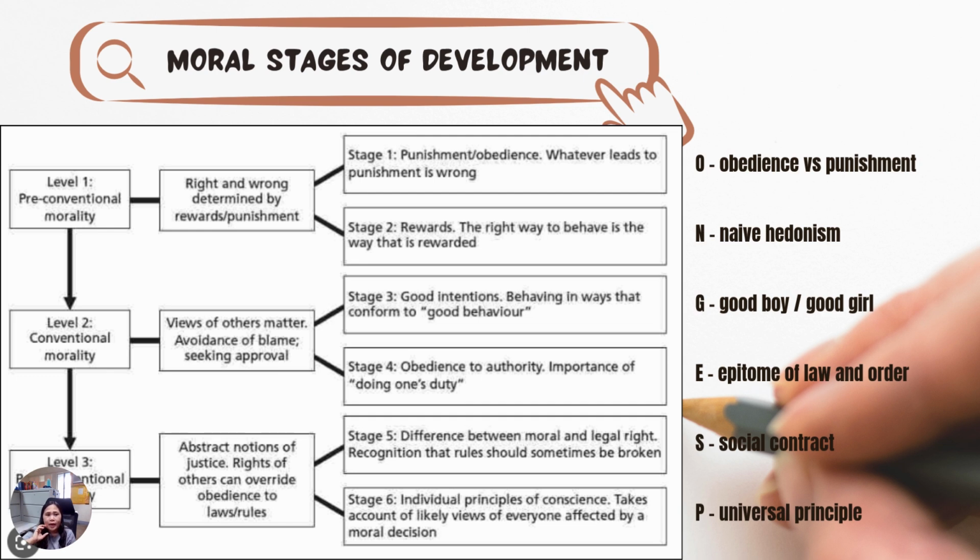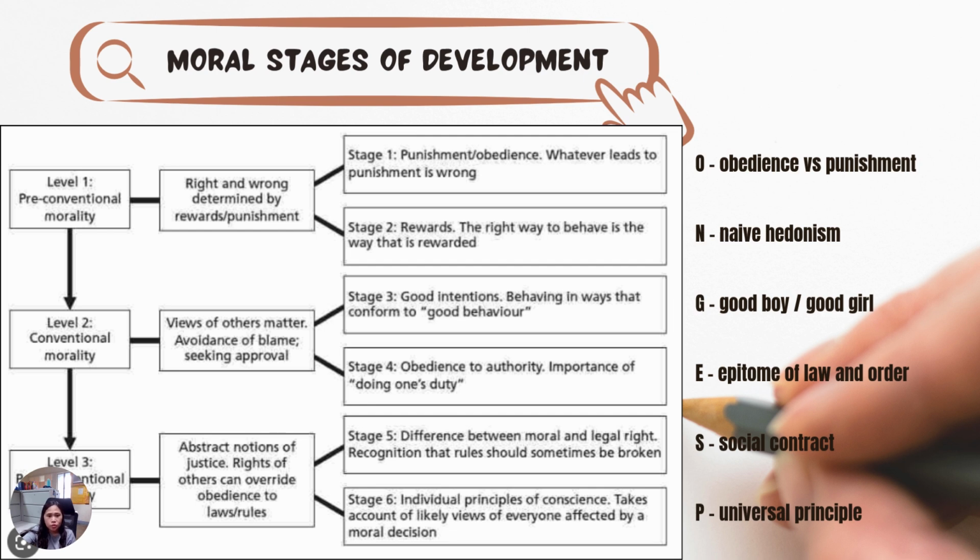In this level one pre-conventional stage, young children really do not personally understand and appreciate the very essence of right and wrong. They just obey because they want to avoid punishment, and they tend to do desirable actions because they want to get rewards.